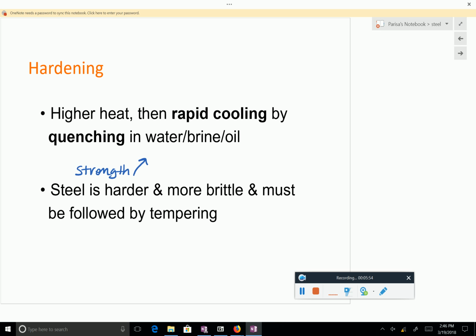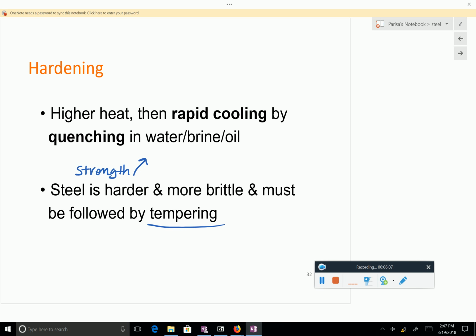And then there is a corrective action following quenching, which is tempering. So tempering compensates a little bit for the loss of ductility.